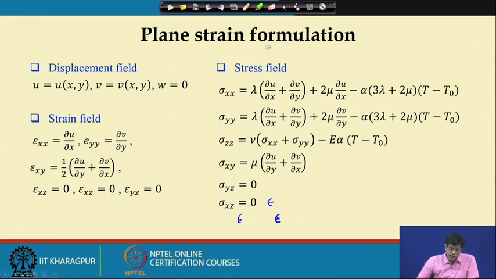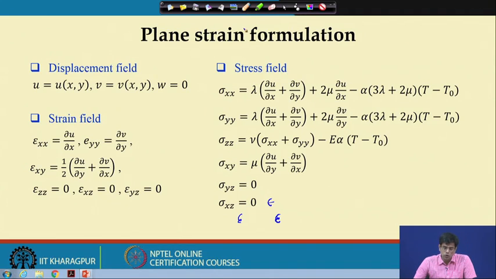So, in this case, what we can write is the displacement field. The displacement field I can write in terms of x and y, where u is a function of x, y, v is a function of x, y, and w is 0. So, our usual strain field will be this.